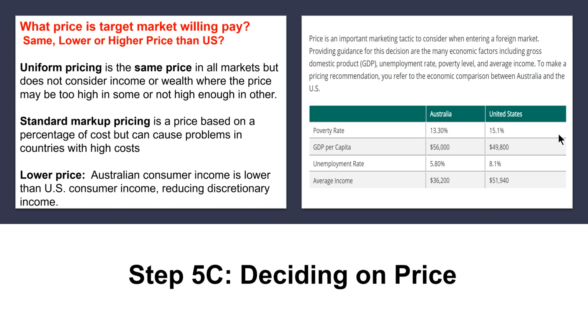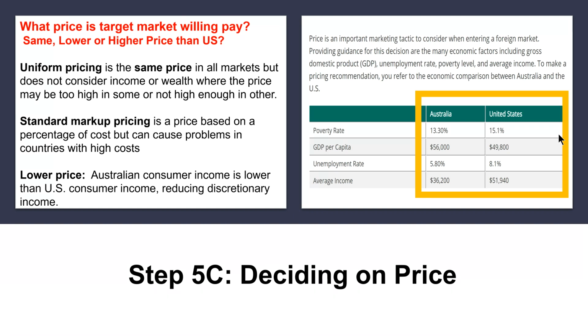Then you've got to decide on pricing. Again, we're going through the 4 Ps. So from a pricing standpoint, there's a couple of options, but again, what is your target market willing to pay? Do they want the same, lower, or higher price than in the US? Well, that's where you would use data. And from the data standpoint, you're going to look at the poverty rates, the GDP per capita, the unemployment rate, the average income, because that all matters.